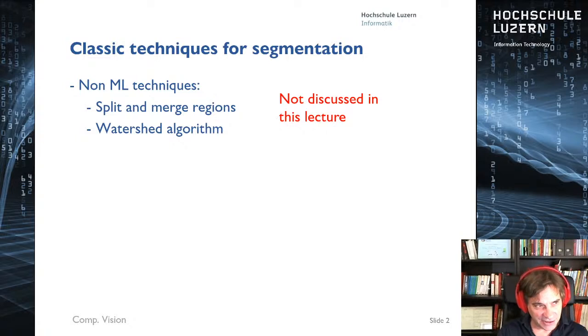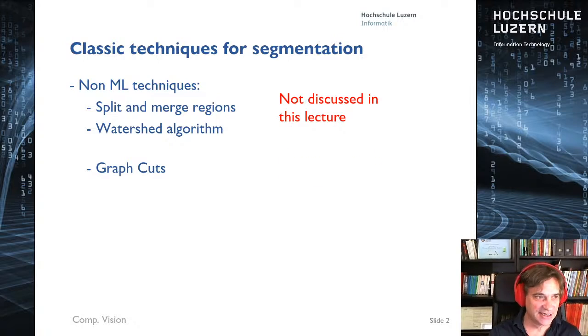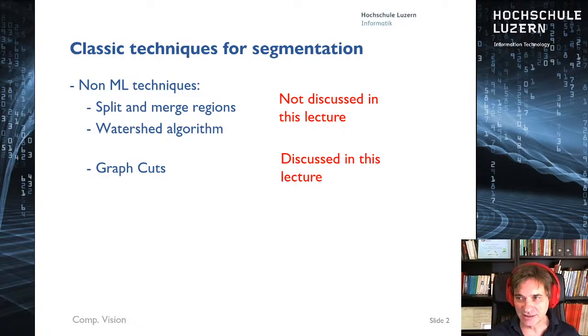We will look at one non-machine learning technique called graph cuts. It can also be combined with some clustering methods, as we will see, and it is probably the best non-machine learning technique you can have for segmentation nowadays.